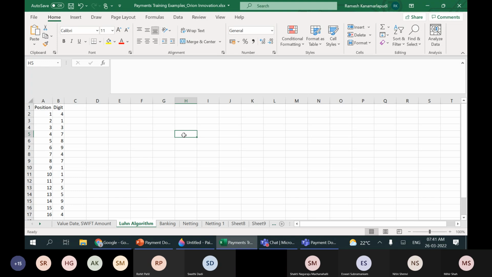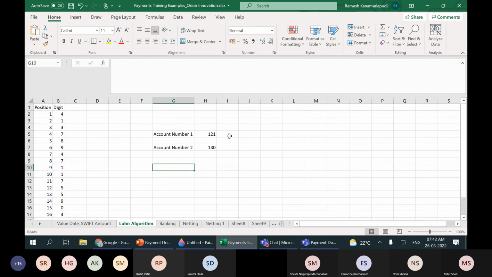Right. Assume that I have two account numbers: 121 is one account number, and the other is 130. Assume that the checksum methodology they are following is simple addition.